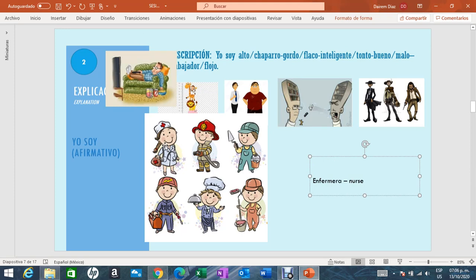Then we have bombero, the fireman. Bombero, fireman. Then we have construction worker.